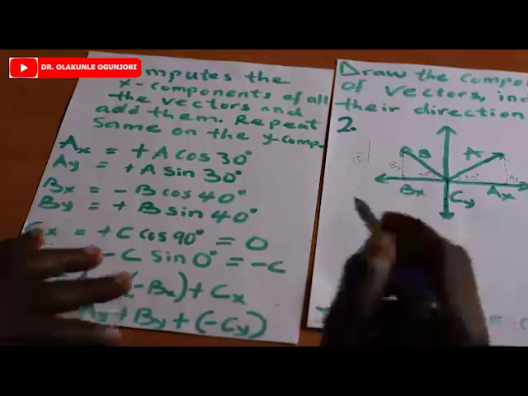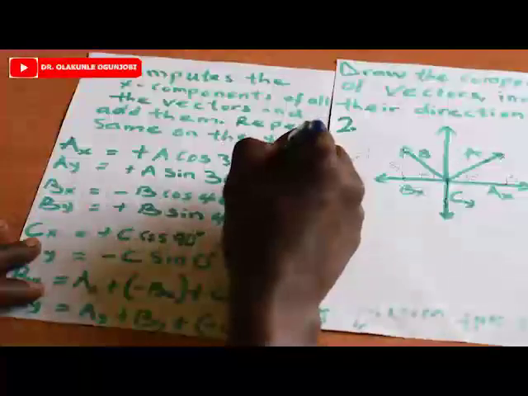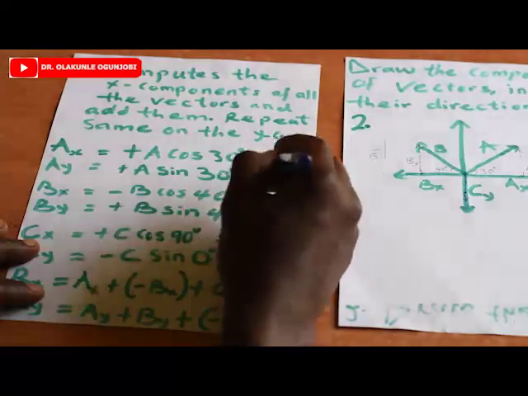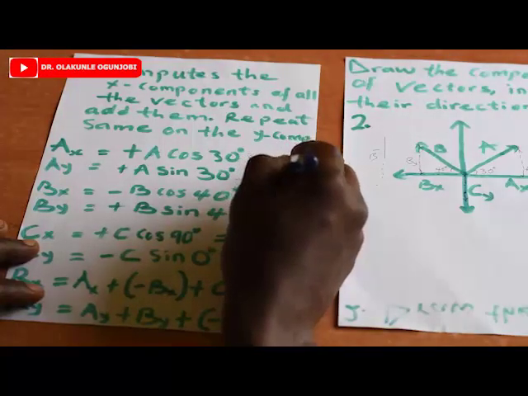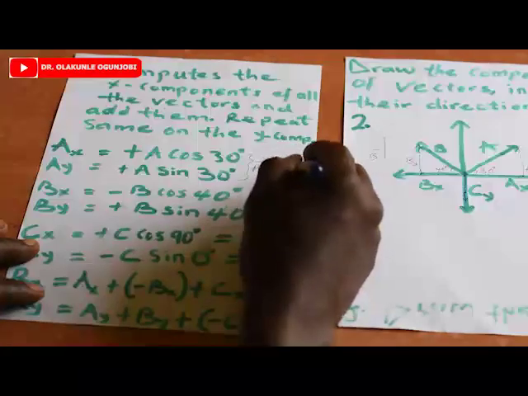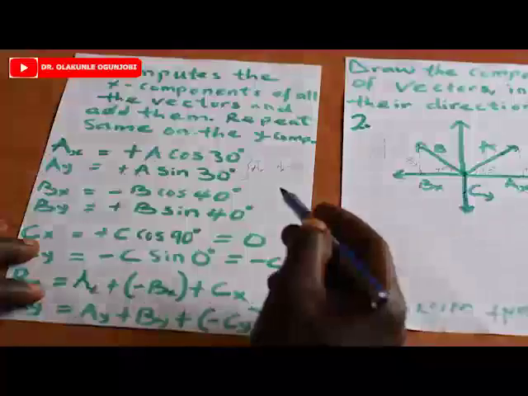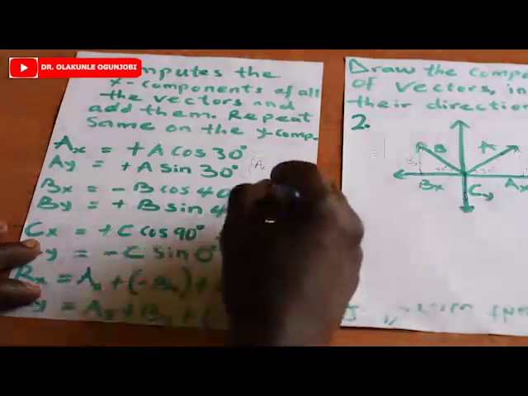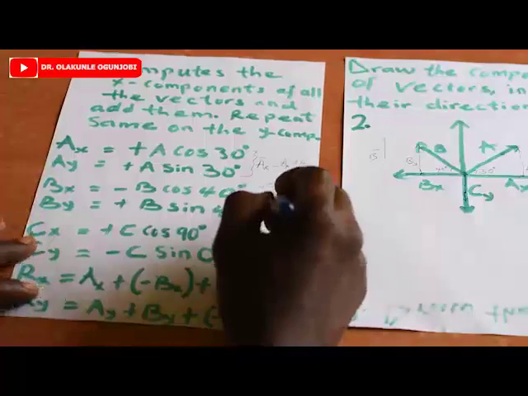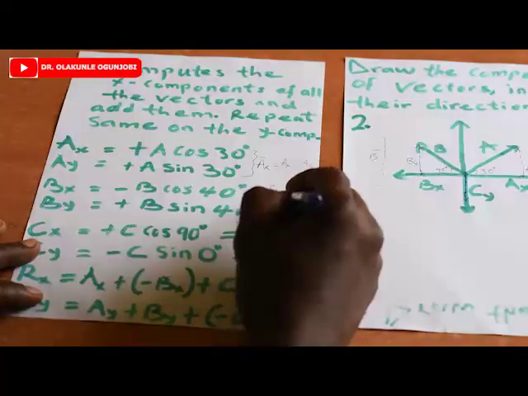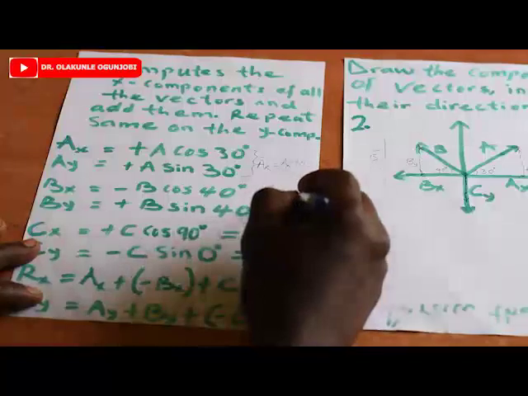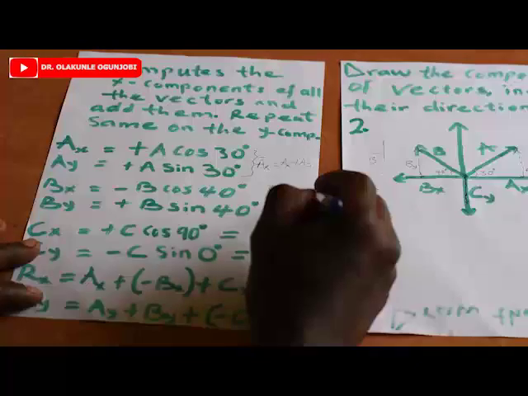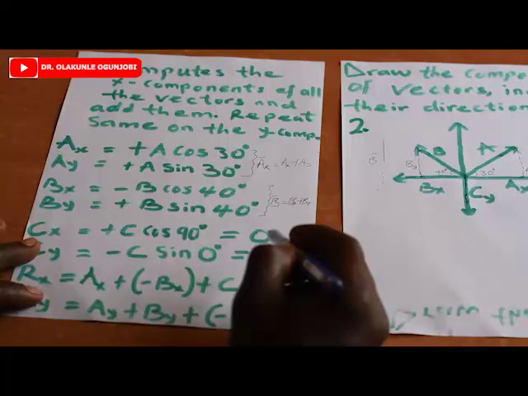So vector a in this case, that is the resultant vector, will be equal to ax plus ay. You can also resolve vector b in this manner. You can also say bx plus by.